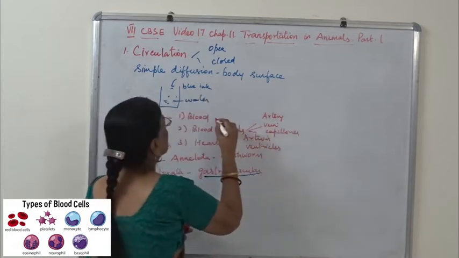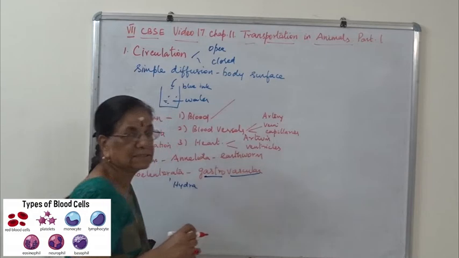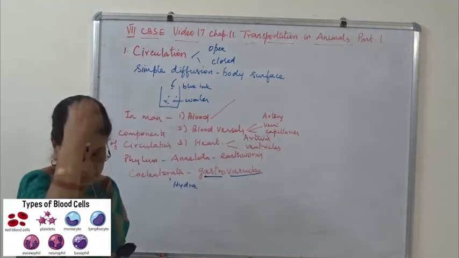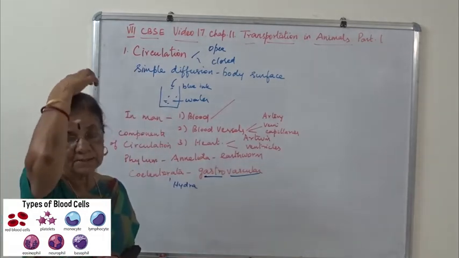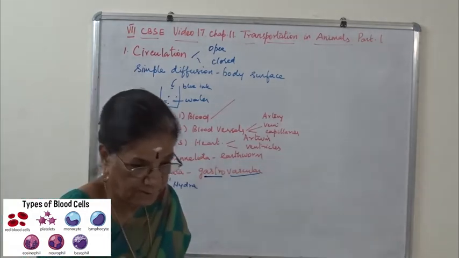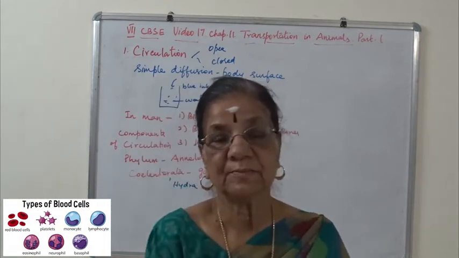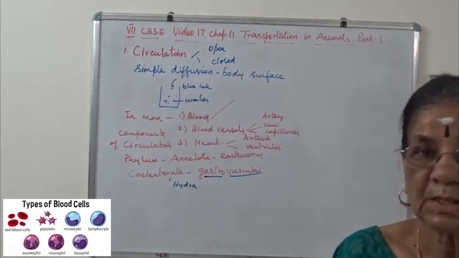Now in humans, blood is next. Blood is formed of blood components. Can you see?